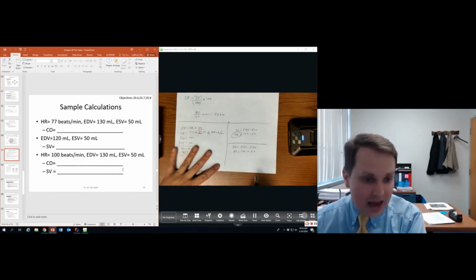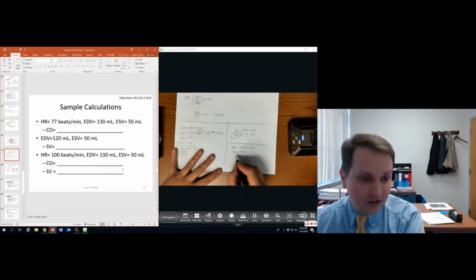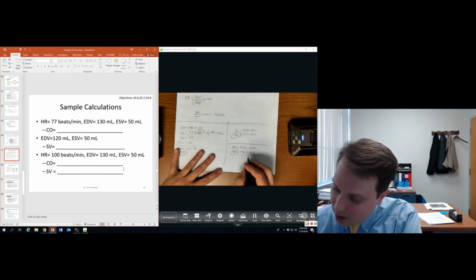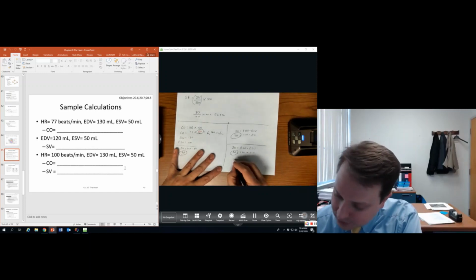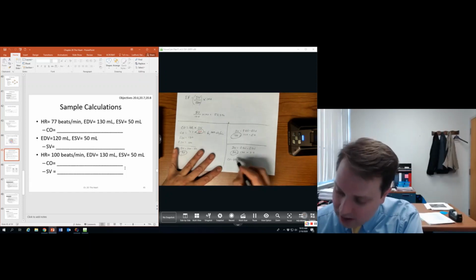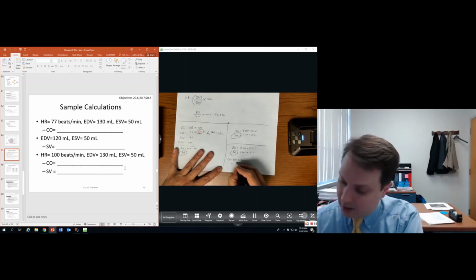So stroke volume is 80. So now we have to figure out cardiac output, which is heart rate times stroke volume. We know that the heart rate is 100 times stroke volume of 80.